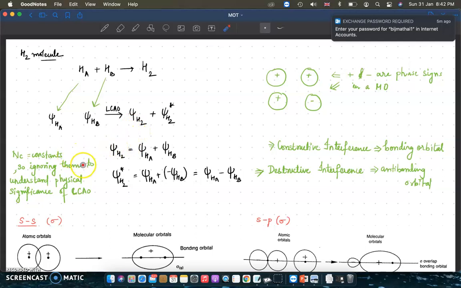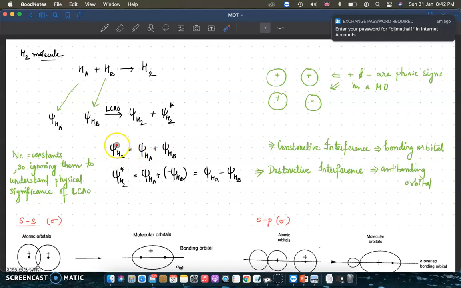When we do the linear combination, as you remember, there was a constant N and C1 and C2. Here C1 and C2 would be the same because both are hydrogen atoms, so they can be taken out as common. In order to understand the physical significance, we are ignoring the constant N and C, which have been taken out as common.